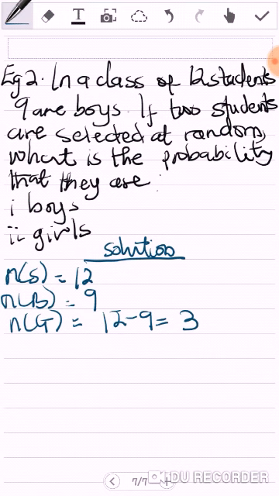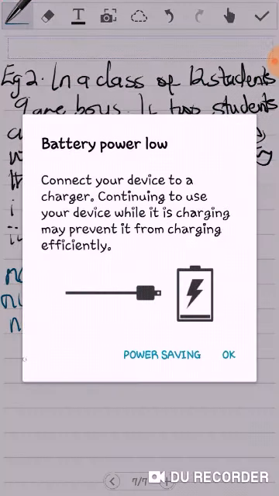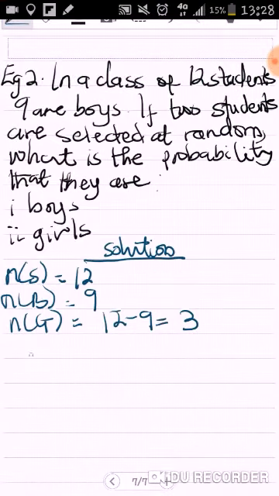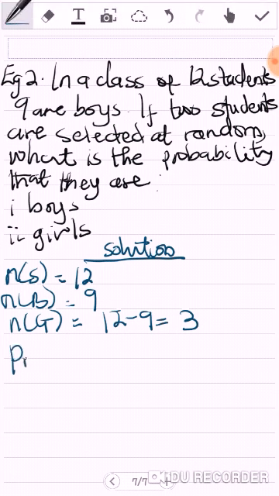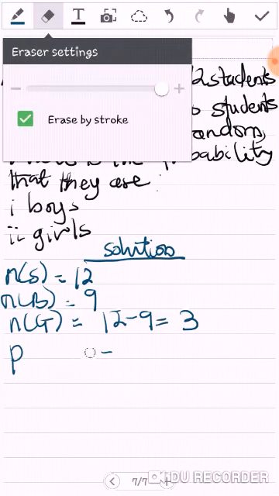So the question is, if 2 students are selected at random, what's the probability that they are both boys.